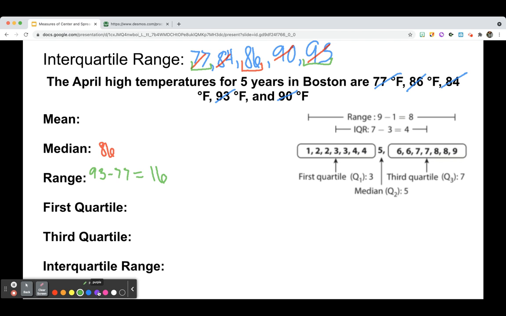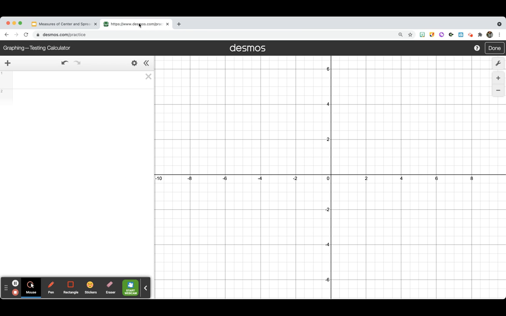And then for our mean, we're taking the sum of our numbers. So it's 77 plus 84 plus 86 plus 90 plus 93 and dividing it by the amount of numbers that are there, 1, 2, 3, 4, 5, so dividing that by 5. Don't forget, you can also use the Desmos calculator there.